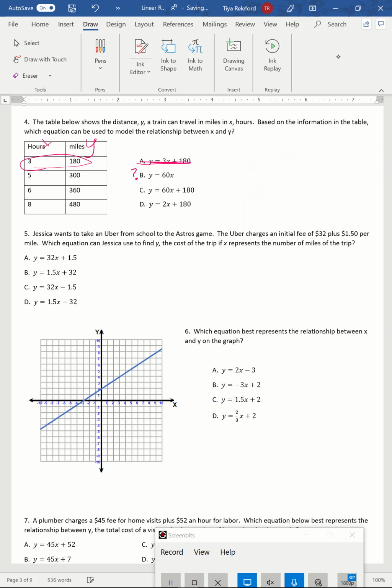I'm going to check out C and D. I can either check B against every single one of the numbers in the table, or I can prove that C or D is wrong. So I'm going to prove that C is wrong, hopefully, using the same numbers.